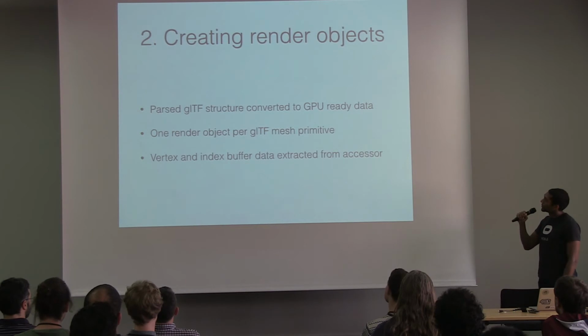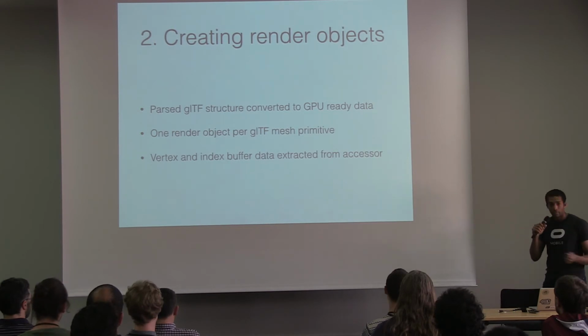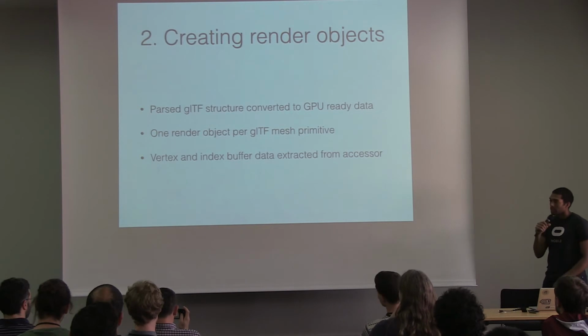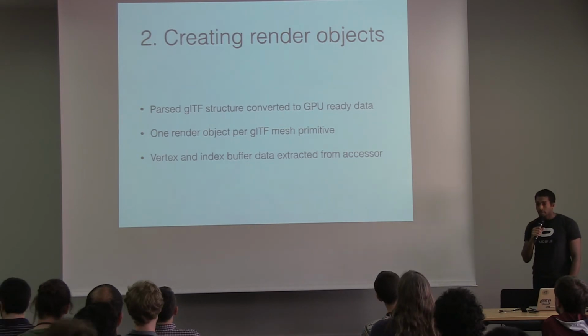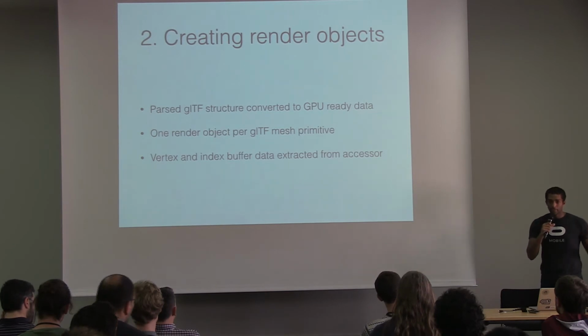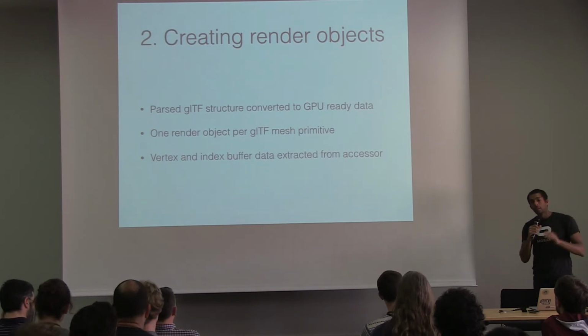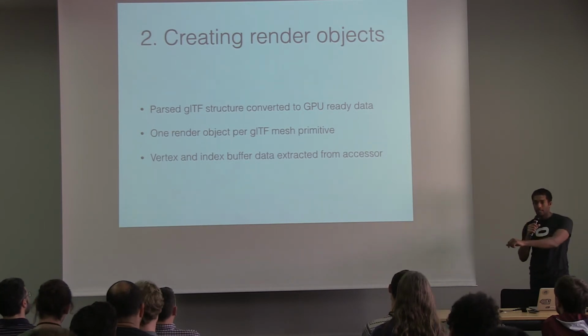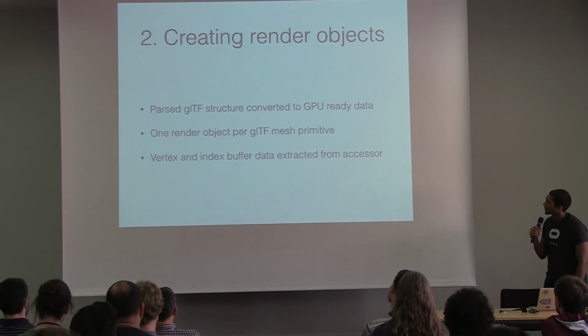So the next thing we're going to do is actually create the render objects now that we've parsed the actual glTF data. So how that's going to look is we're going to go over each of the mesh primitives, and then for each mesh primitive, we're going to follow the indirection of the accessor to the buffer view and then to the buffer, and then we're going to provide the reference to the actual buffer that we need when we specify it when we do the OpenGL upload of that data.